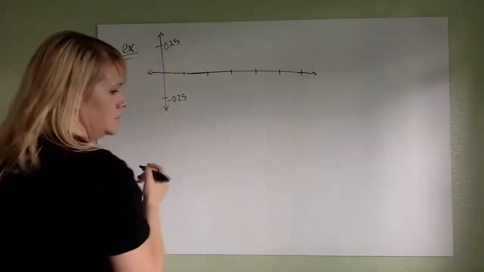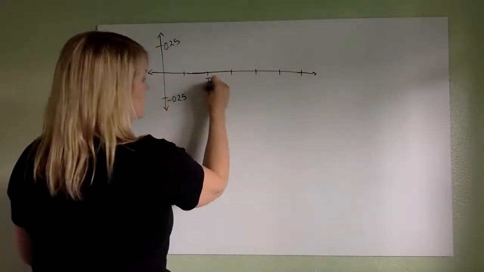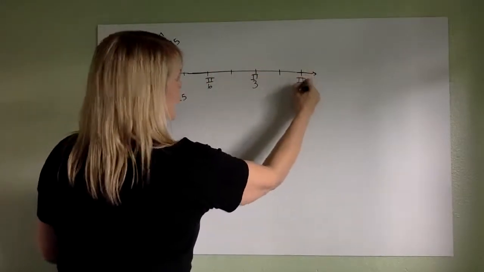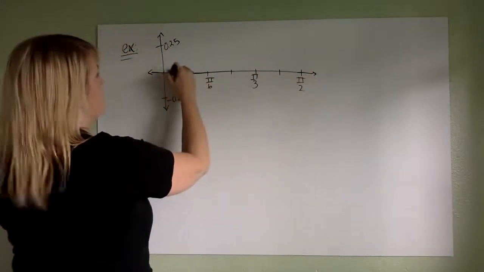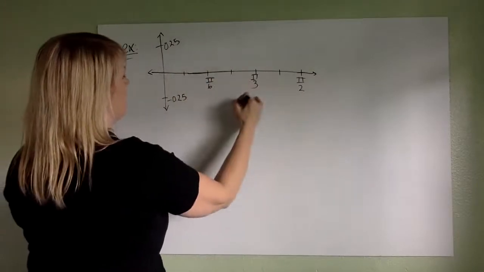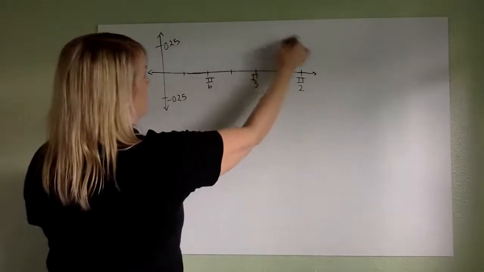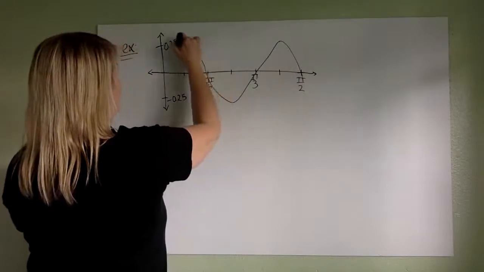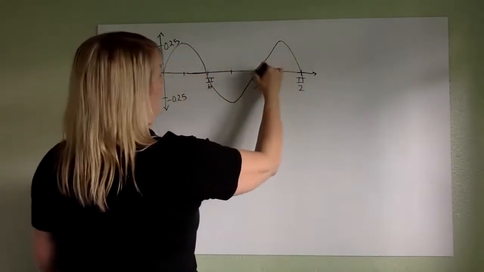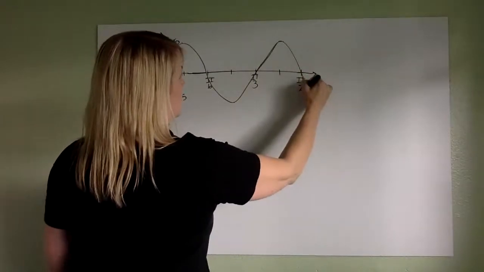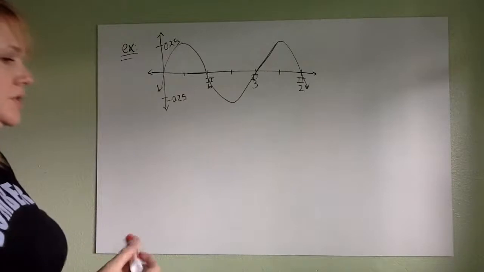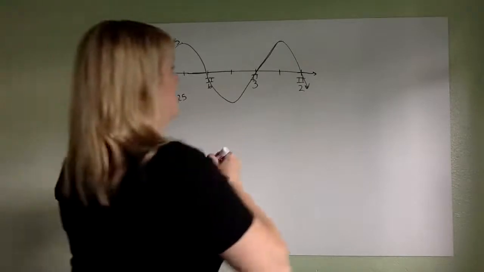Okay, something like this. Ooh, that's not very pretty. You get the idea. Okay, the ones in your assignment are drawn much nicer. Okay, so this is what it looks like. Your job is to come up with the amplitude, the period, the domain, and the range.